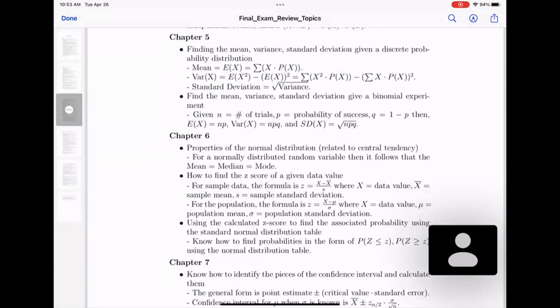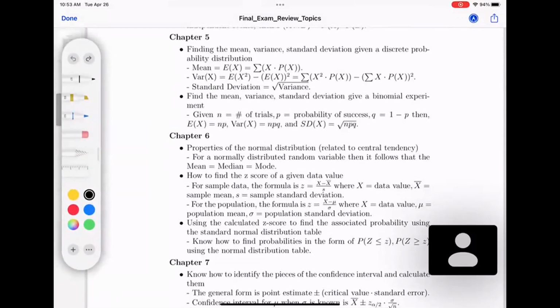Then we talked about the binomial distribution. You may need to know the 4 conditions. I can't remember if I did that or not. Does anyone remember the 4 conditions for it? So they were, a set number of trials. Two outcomes per trial.